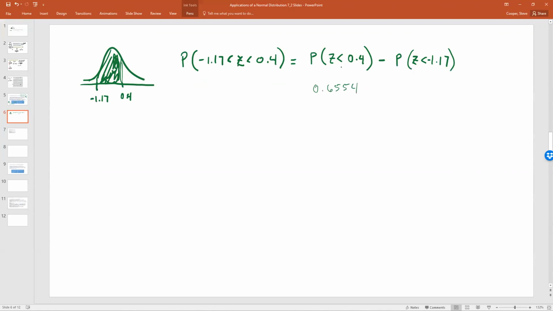Okay, so that's the area to the left of 0.4. And then we have to subtract from that our 0.121.